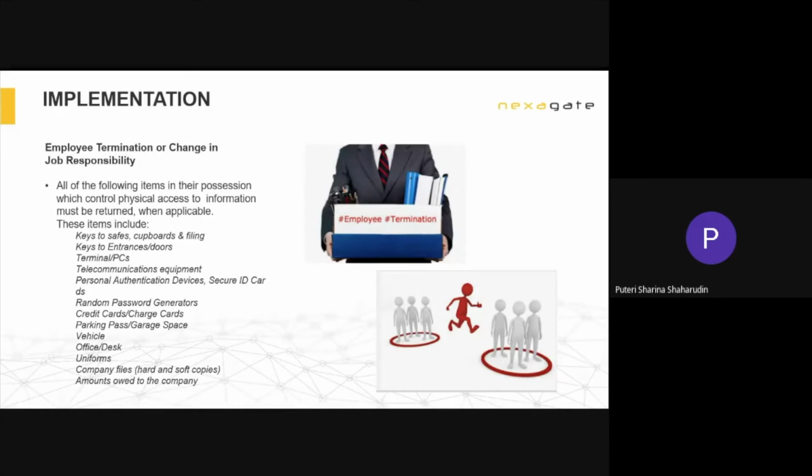If an employee has a change in their job responsibility or is terminated, all of the following items in their possession must be returned when applicable. These items include keys to safes, cupboards, filing, keys to entrances, terminals, PCs, telecommunications equipment, personal IDs, credit cards, parking pass, vehicle, uniforms, and so on.